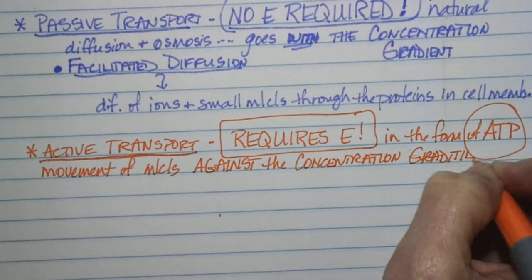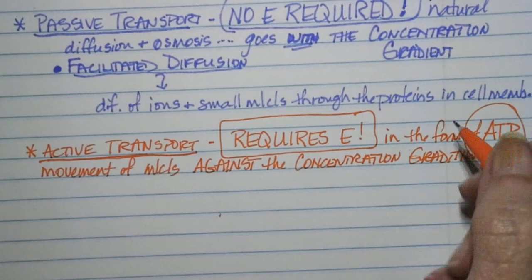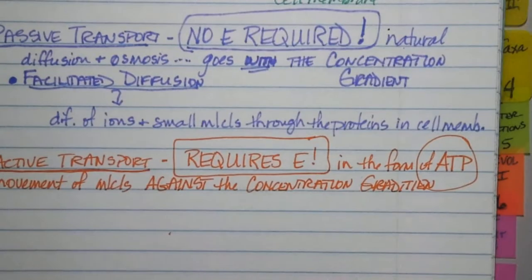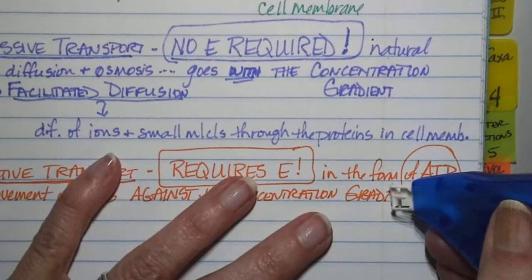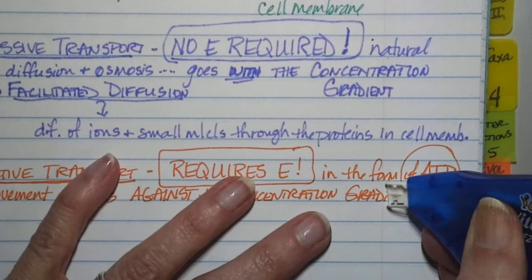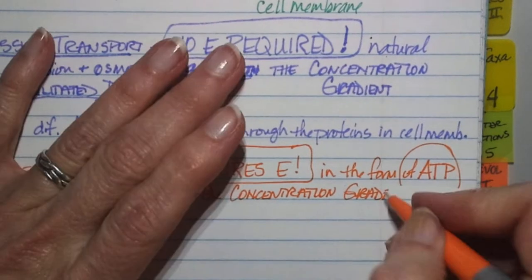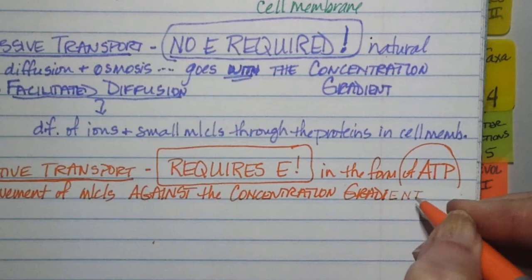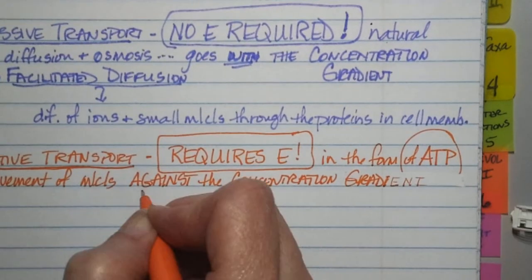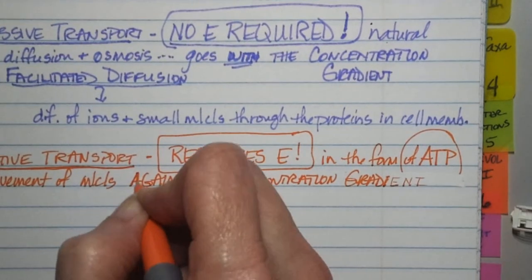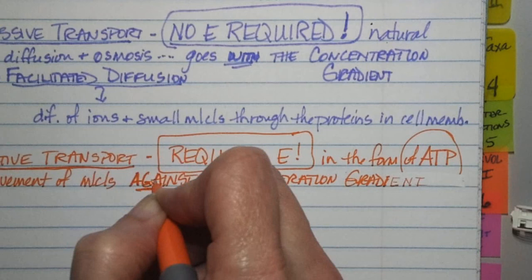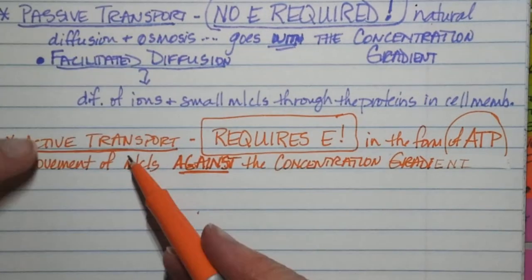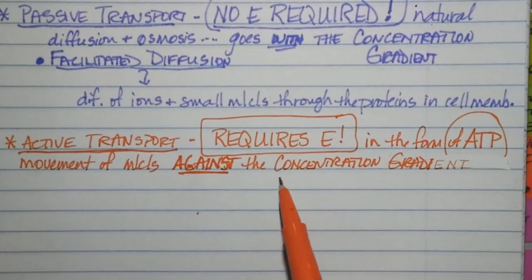There it is. So it's against the concentration gradient. Here's the word right here that's important. So there are two ways of describing this. When we talk about active transport, you can talk about the fact that it requires energy, and two, you can talk about the fact that it's moving molecules against the concentration gradient. So two ways to refer to that.